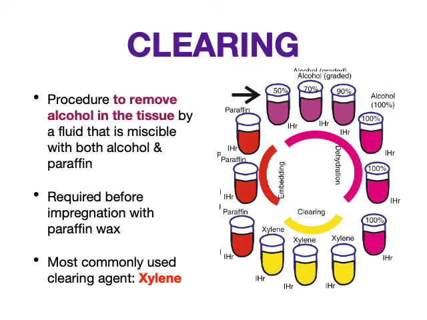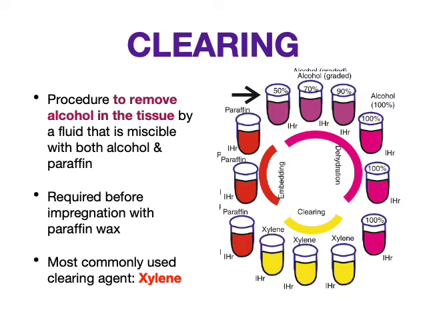No doubt during the dehydration procedure it had removed the water. But some of the alcohol will have entered into the tissue. So this alcohol is also to be removed. We have to remove that part of the alcohol also to impregnate the paraffin wax. To introduce the paraffin wax with no gaps, we have to clear this alcohol.